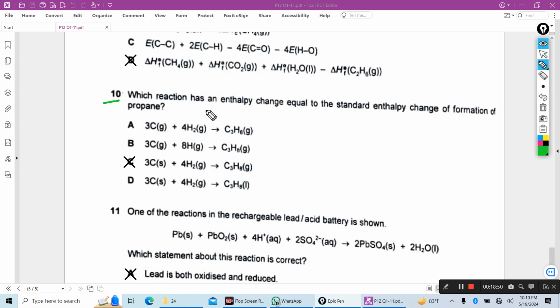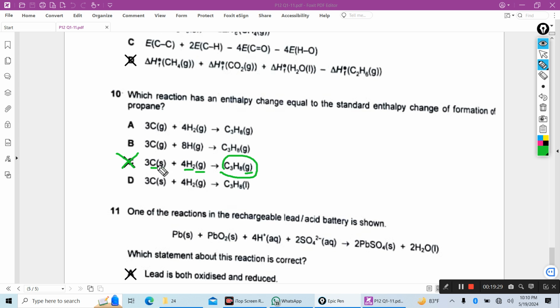Now 10, which reaction has an enthalpy change equal to the standard enthalpy change of formation of propane? You know, enthalpy of formation is the enthalpy change when 1 mole of a substance is formed from its elements in their standard state under standard conditions. So according to the definition, C is the right answer, because 1 mole of propane gas is produced from its elements: carbon, standard state solid, and hydrogen, element gas.